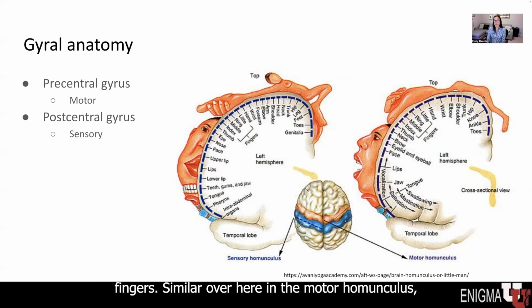And similar over here in the motor homunculus, again, different parts of the motor cortex are dedicated to different regions. Again, this huge amount here is dedicated to the face because of all the things that we do with our face: speaking, eating, communicating with each other. So it takes up a lot of space.